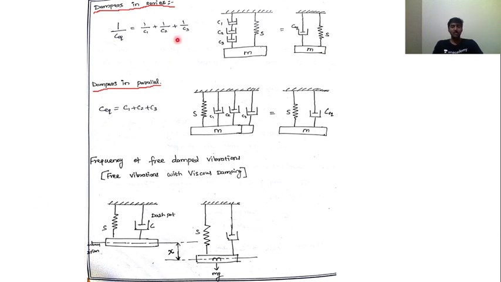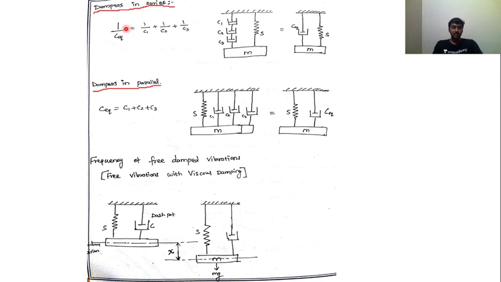The only difference is that instead of springs, here we are using dampers, each damper having a specific damping coefficient. Here the three dampers have damping coefficients C1, C2, C3.